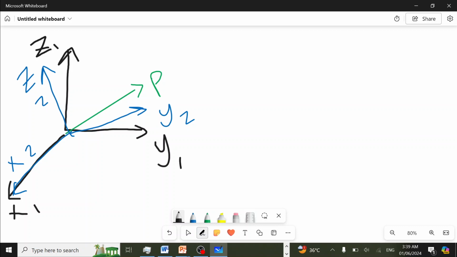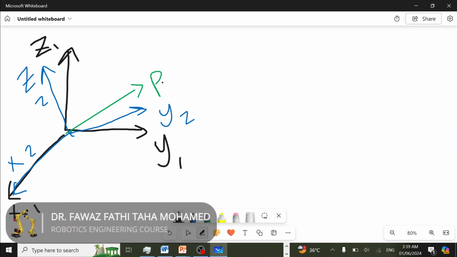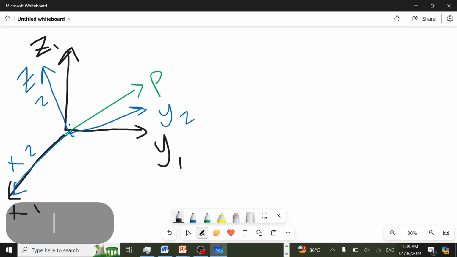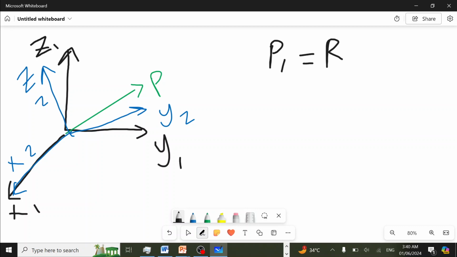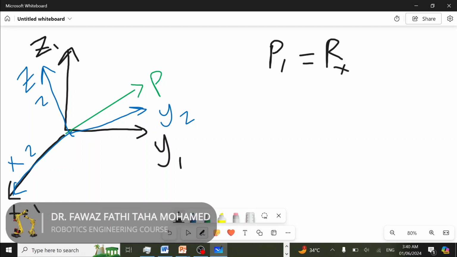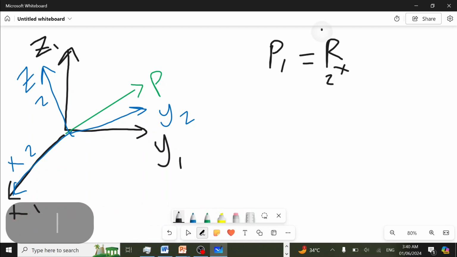So the first step, I have this vector B. If I have this vector, for example, in frame 2, and I want to represent it with respect to frame 1, I just write B1 equals the rotation matrix, here around X, we can call it R21, times B2.